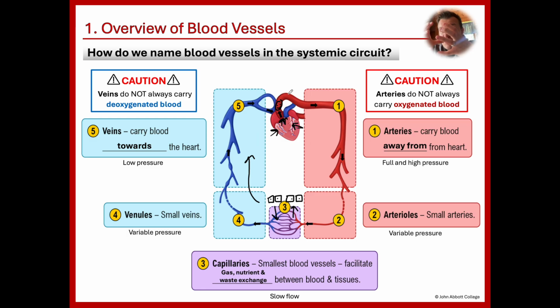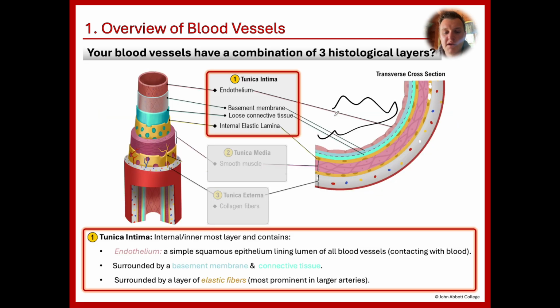And if they were too rigid, the gush of blood might actually burst these vessels. So we want vessels that are able to expand and bounce a little bit, or else there would be too much of an impact and it might burst the vessels, right? So they often have a lot of these elastic fibers so that they can stretch a little and bounce. Okay, so we have these elastic fibers most prominent in large arteries.